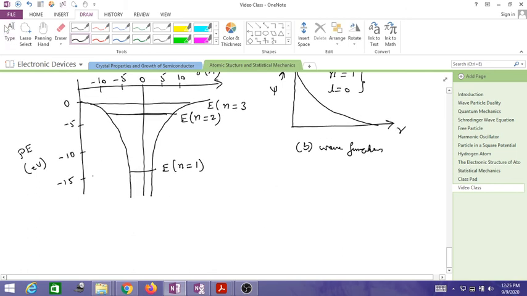Let me write this as figure A: the potential energy curve and first three energy levels.